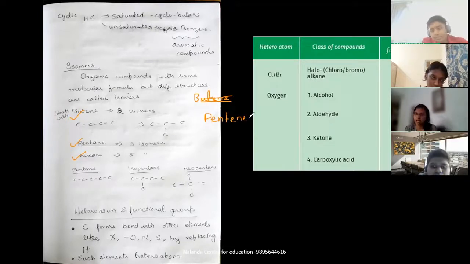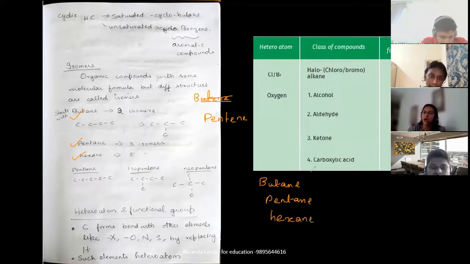The most important questions are butane, pentane and hexane. So you have to draw and study all these things.